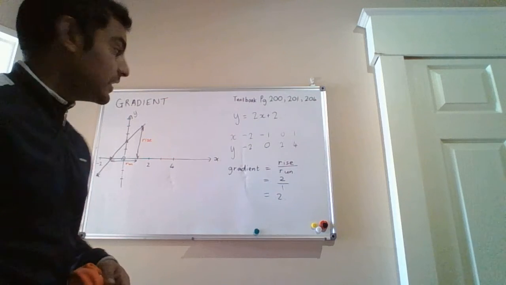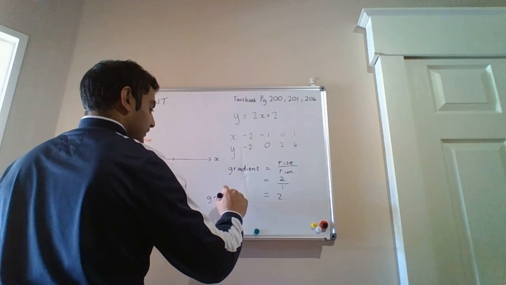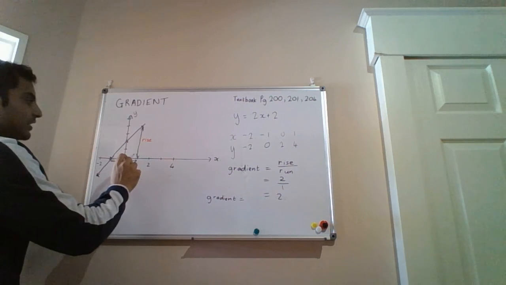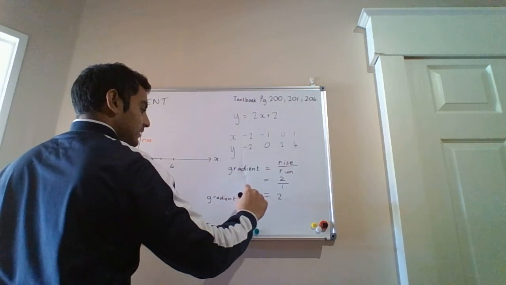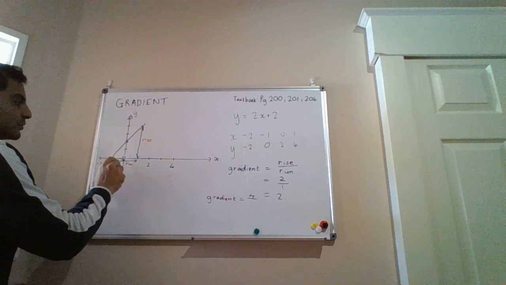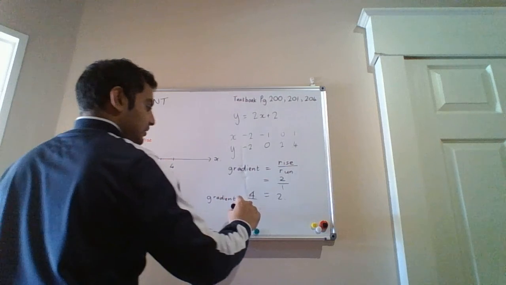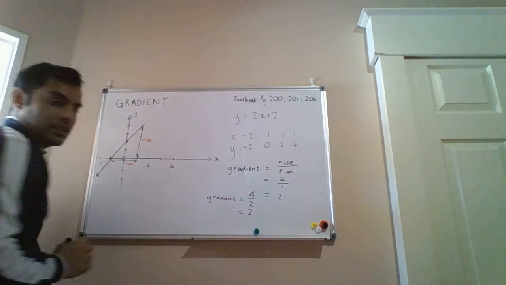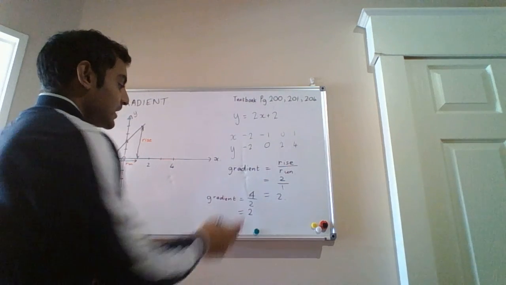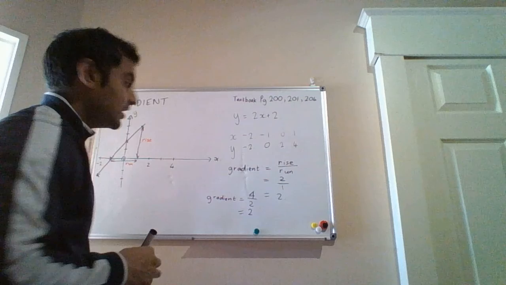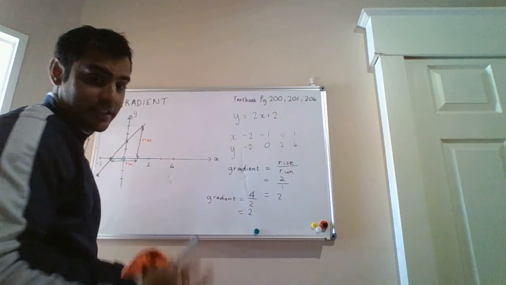If we now calculate it, gradient equals rise over run. The value of our rise is 1, 2, 3, 4. And the value of our run is 1, 2. So our gradient is 4 over 2, which is also 2. So notice, even though we used 2 different sets of points, we get the same gradient. In other words, the slope of this straight line is the same. It's a linear relationship.